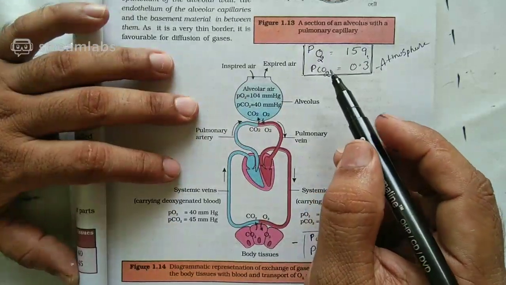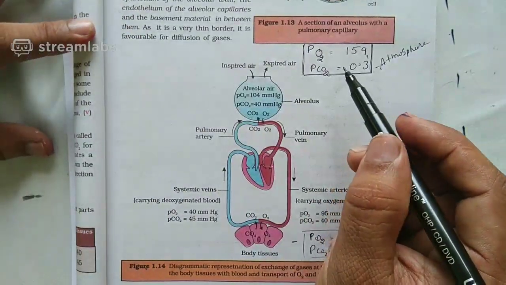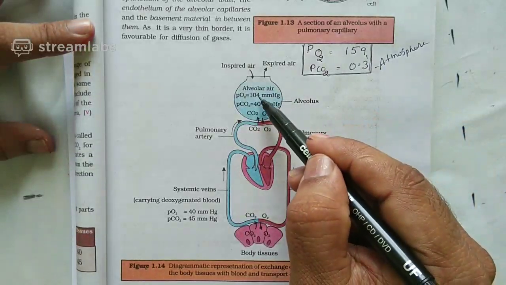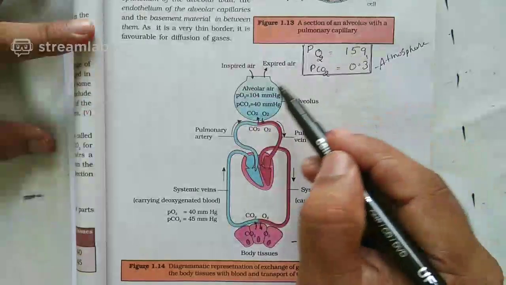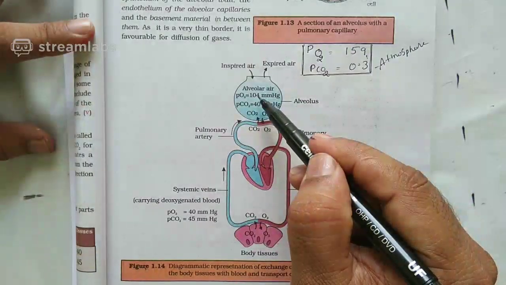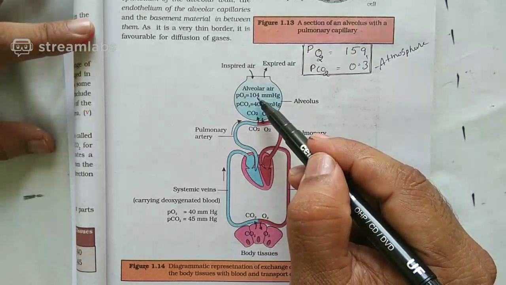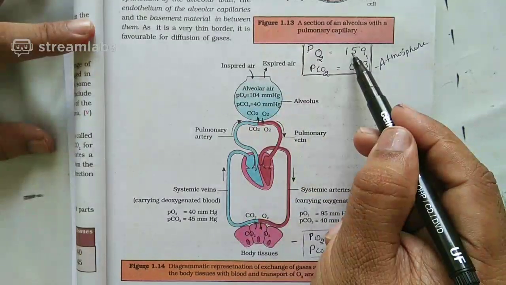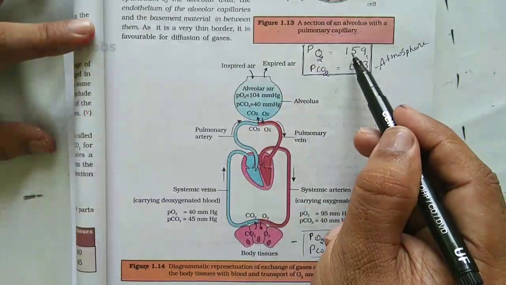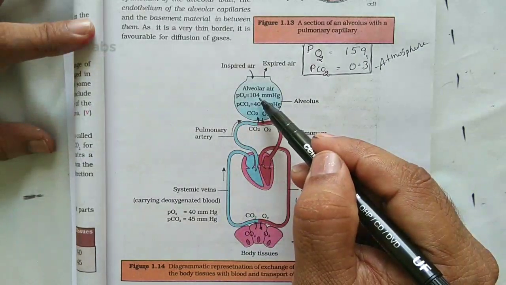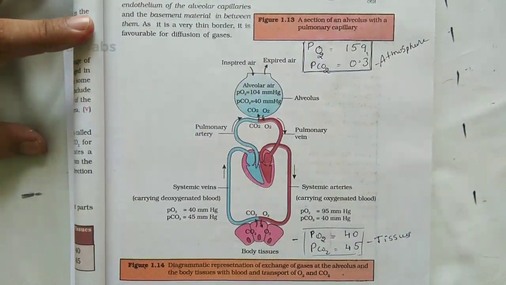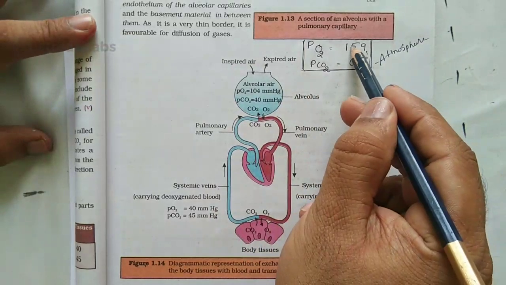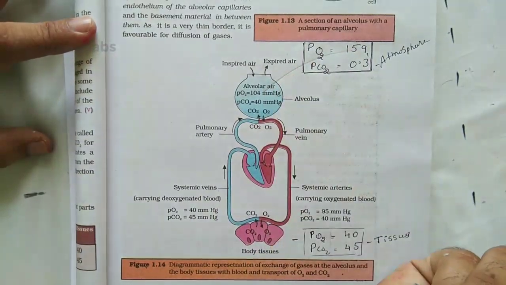Exchange occurs from higher partial pressure to lower partial pressure. So 159 and 104 is the first comparison: 159 for atmospheric oxygen, 104 for alveolar oxygen. That means the air is coming from where to where? The air is coming from the atmosphere to the alveoli, 159 to 104.